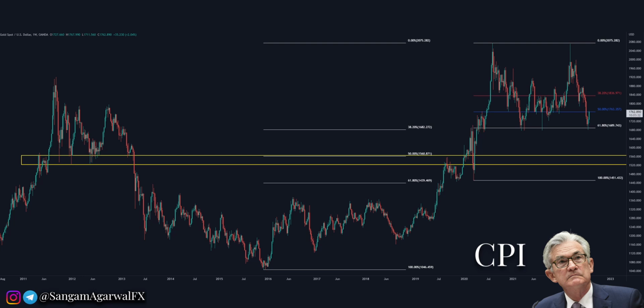Either CPI drops or jumps above 10%, and this risk of 10% will break this 1680 support and price cannot stop before the 1560 level.